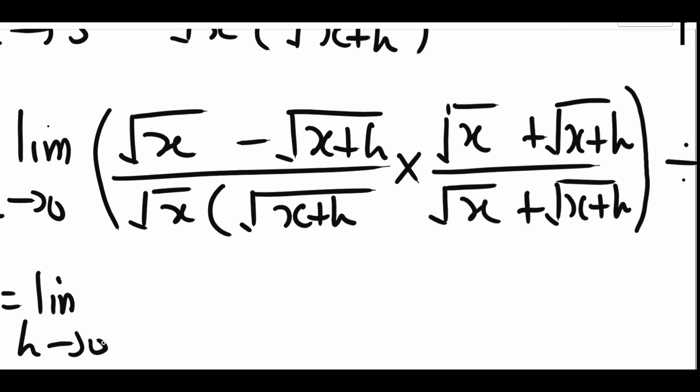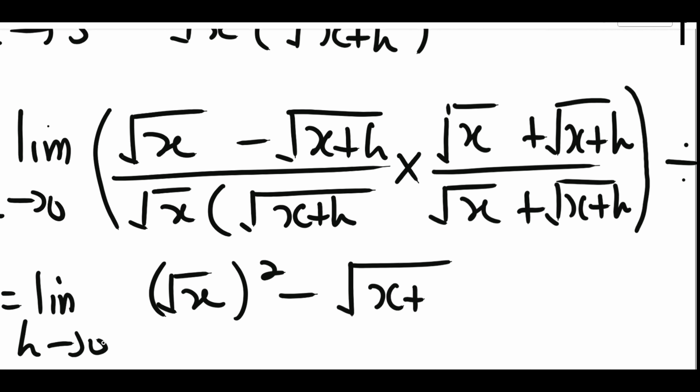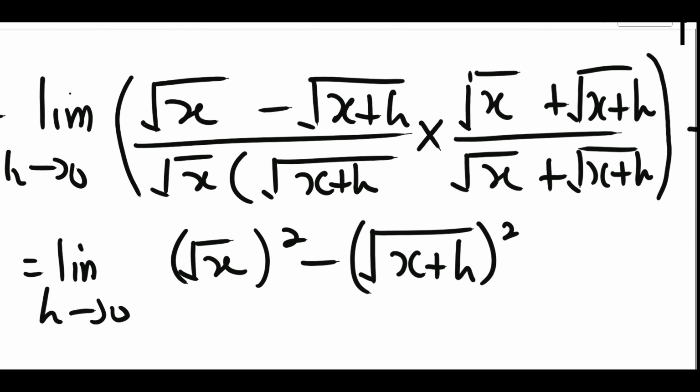So we'll be having the square of the first term, square root of x all squared, minus square root of x plus h also squared, and that is the expression for the numerator, because the conjugate of the square root of x minus the square root of x plus h, whenever you multiply it by its conjugate, you are getting difference of two squares.